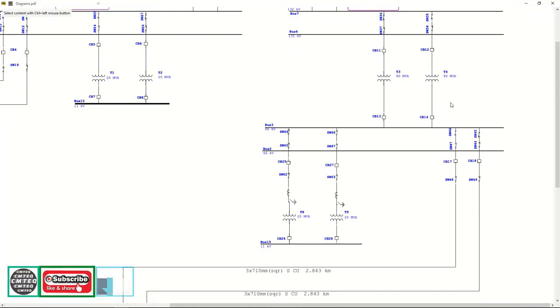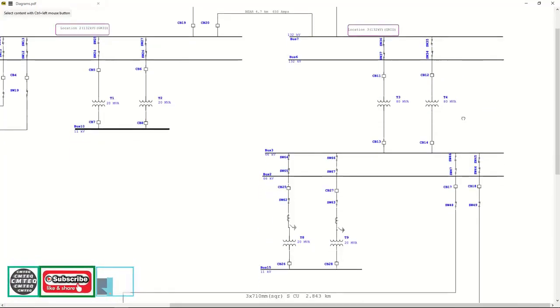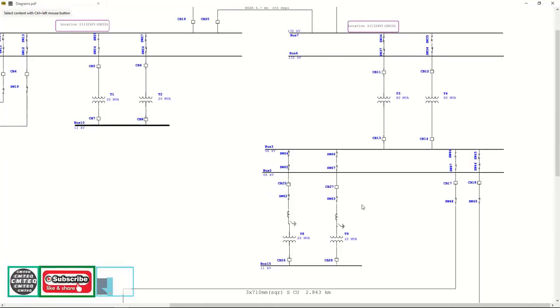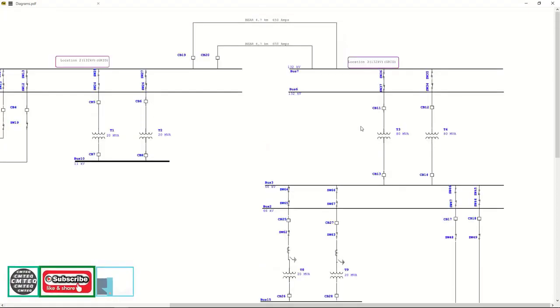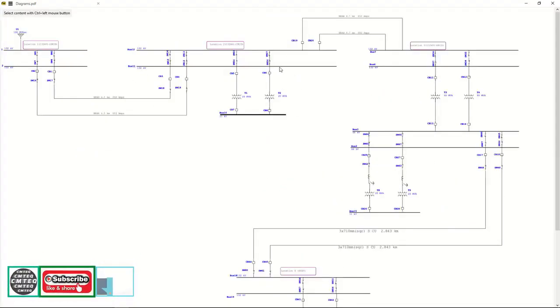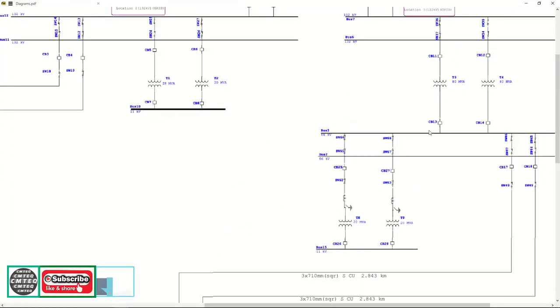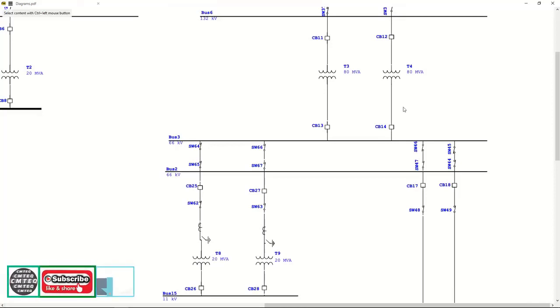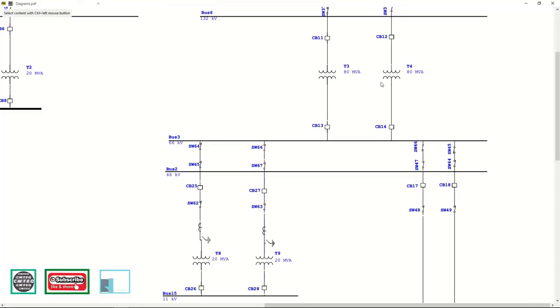So moving on from Busbar 3, we have a transformer, and into Busbar, that's Busbar 1, that's 2, that's 3. This is Busbar 4. Now the system has been stepped down to 66 kilovolt. So we move from 132 kilovolt to 66 kilovolt.